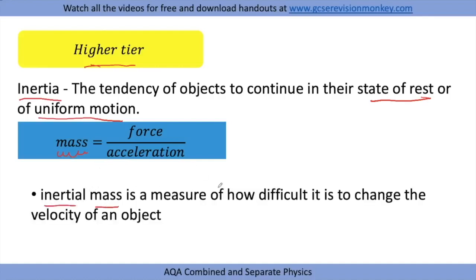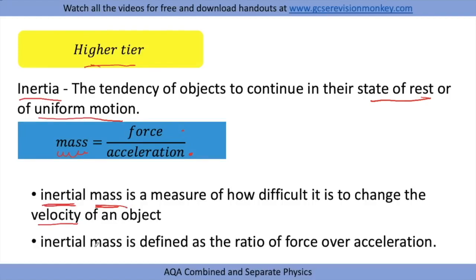And it is a measure of how difficult it is to change the velocity of an object. So acceleration is changing velocity, force is the force you need to change that velocity. So that, when you calculate mass, is called inertial mass. And it is defined as the ratio of force over acceleration. So that's shown in this F equals ma equation. Inertial mass is calculated by force divided by acceleration.